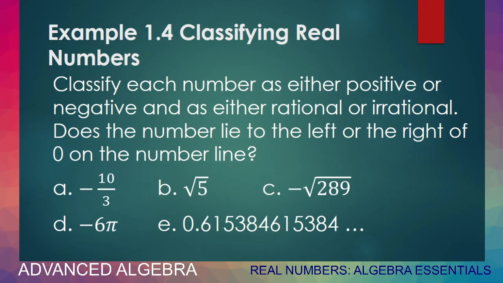Okay. So, letter C is negative square root of 289.